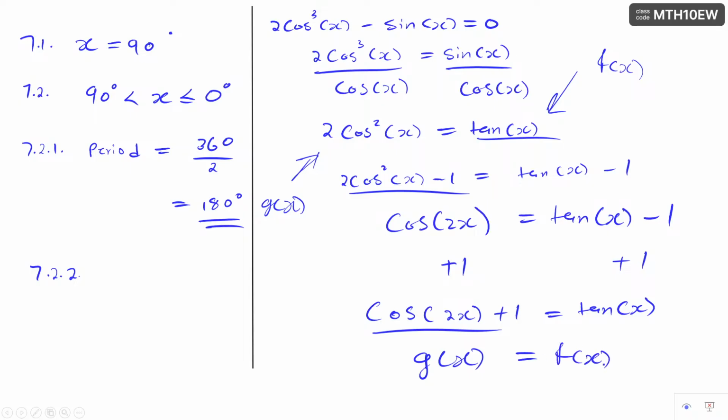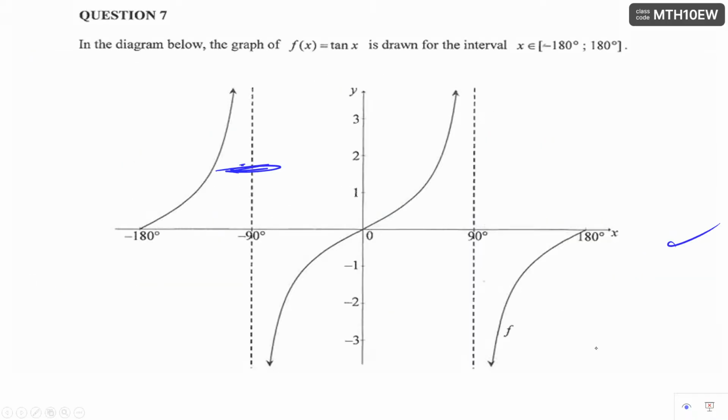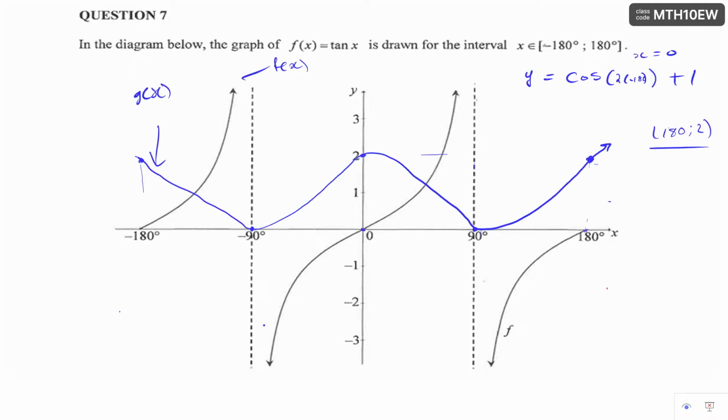So now we need to use the graph to find our general solution. So we need to find the value of x where g of x is equal to f of x. And if you check, it's here. It's where the 2 graphs intersect.